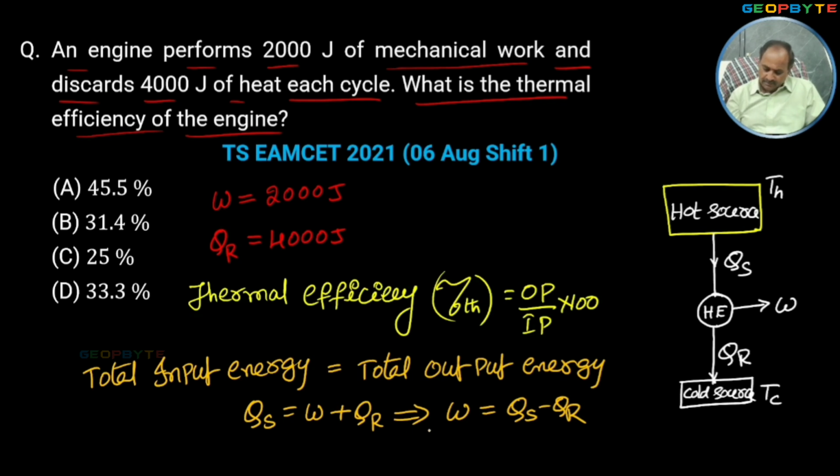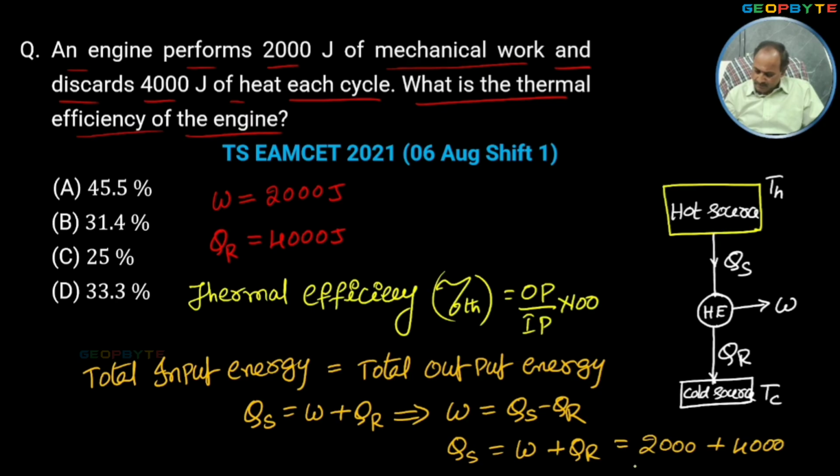Thermal efficiency equals what? Output means work output, input means heat supplied. Here, heat supplied equals work output plus heat rejection. Work output is 2000 plus heat rejection 4000, which is equal to 6000 joules.